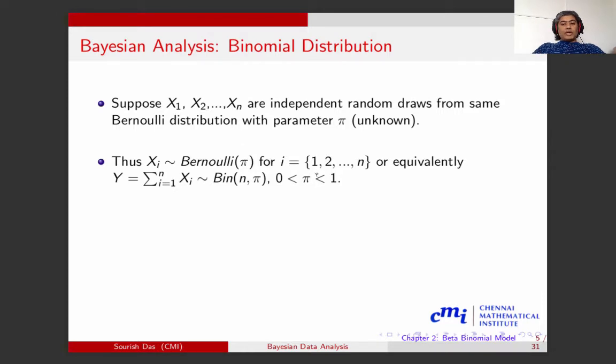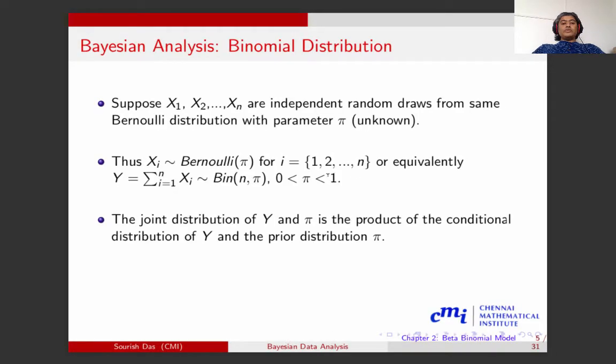The value of pi here is between 0 and 1. So xi follows a Bernoulli distribution with parameter pi. All the xi's are independent, so we can write y as the sum of all xi's, summation xi. These follow a binomial distribution with n and pi. n is the sample size and pi lies between 0 and 1.